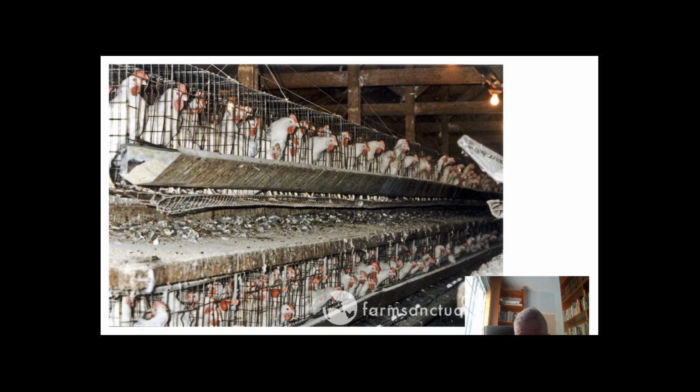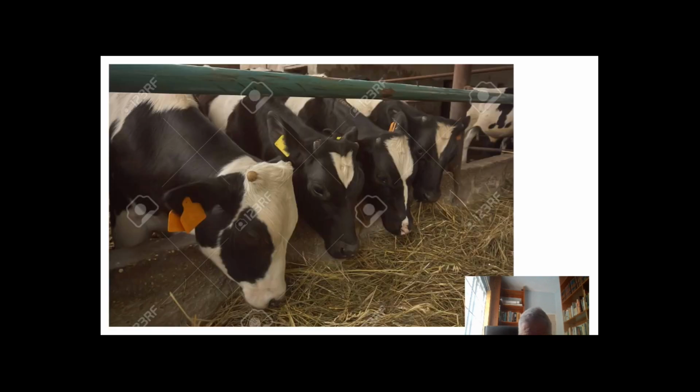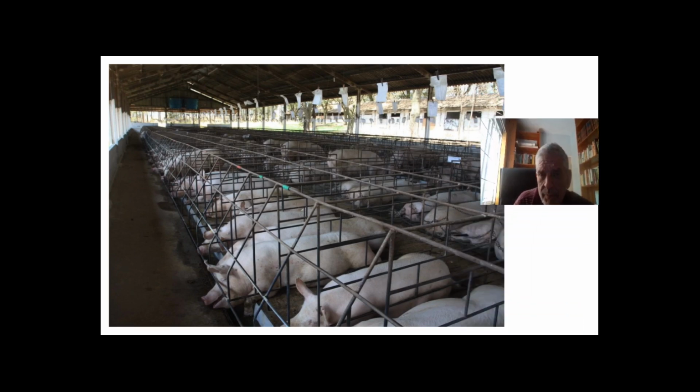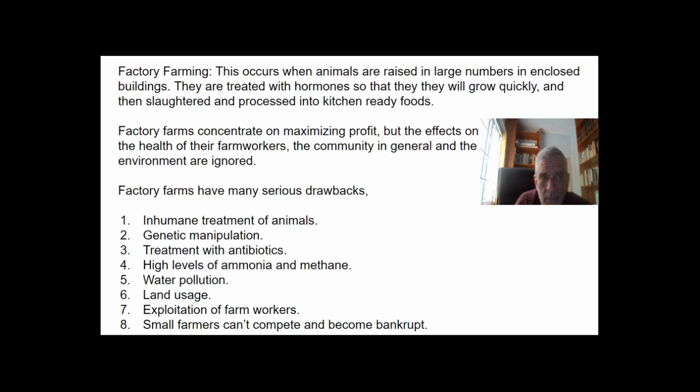Industrial farming is where you have a large number of chickens in a small area, or cows or pigs. It's believed to be cruel for these animals to live like that, their entire life spent inside a building.